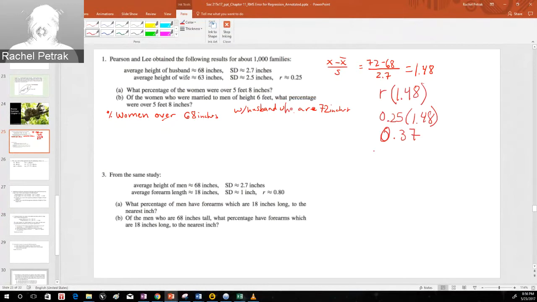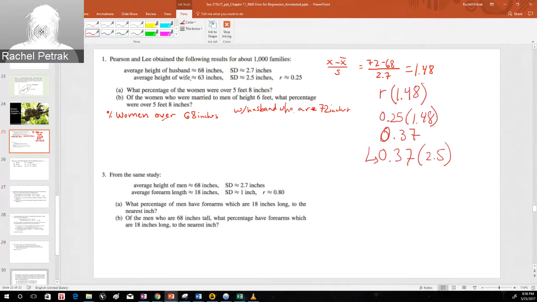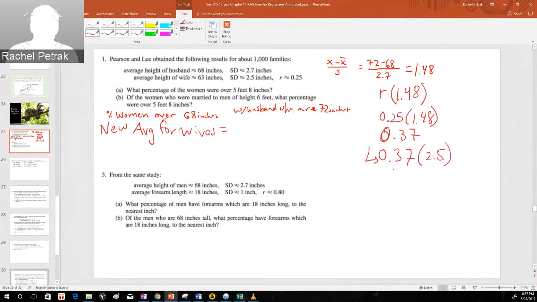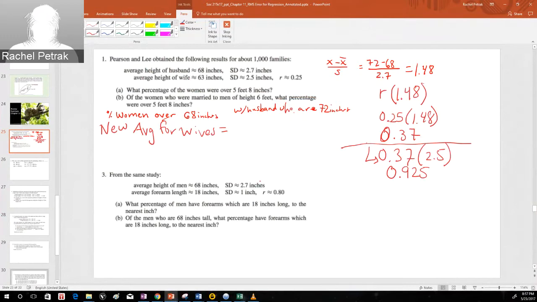So 0.37 times our standard deviation of 2.5, and we expect our new average is equal to this number, 0.925, this product, times, yeah, so it's 63.9 or 64 inches.